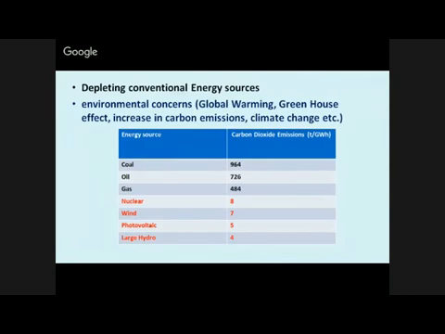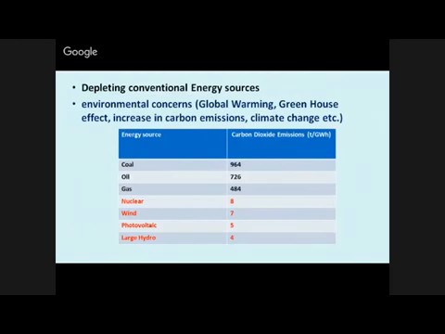For coal, the CO2 emissions are 964, oil a little bit less, 7,026, and in the case of gas, it is 4,084.